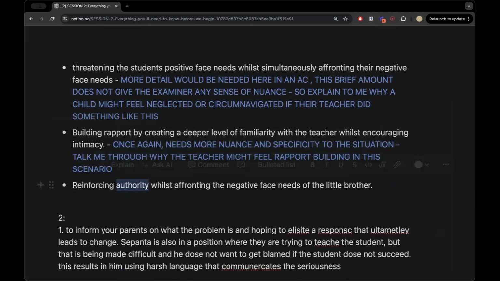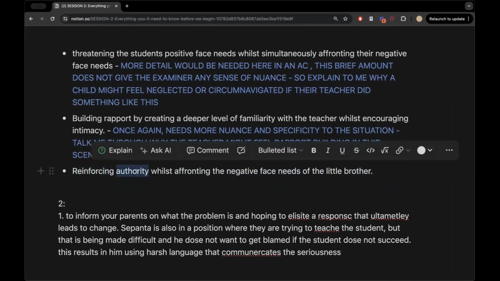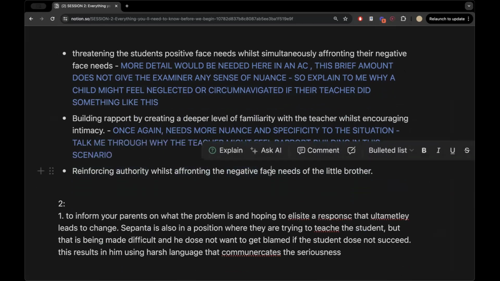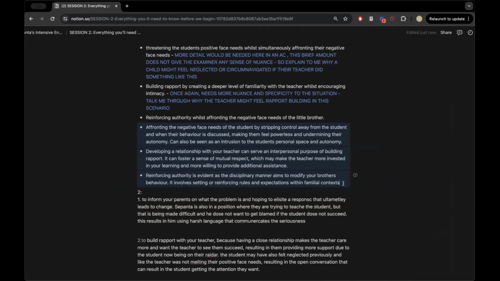Now, reinforcing authority whilst affronting the negative face needs of the little brother. Absolutely. Reinforcing authority, very well done. Affronting negative face needs, yes, correct. And we've also got the expansions to these, which is good stuff, right?